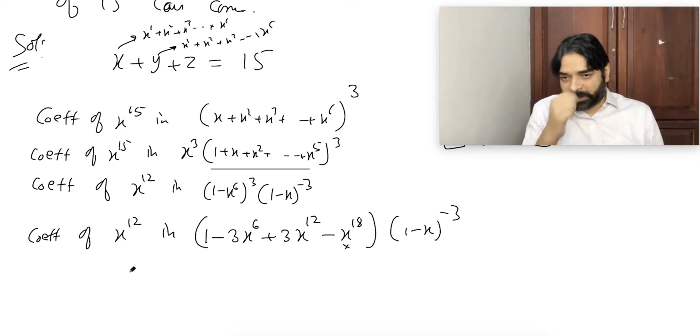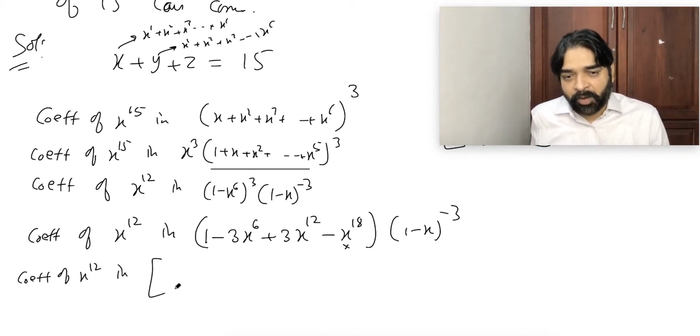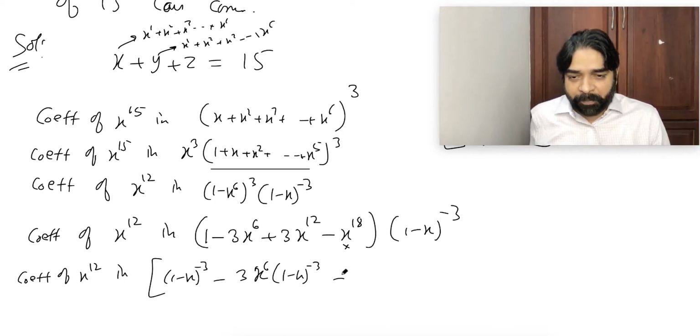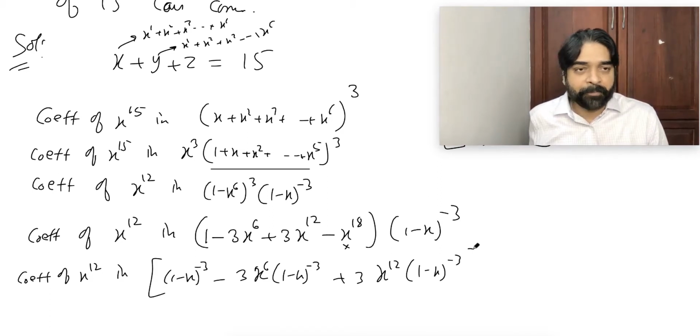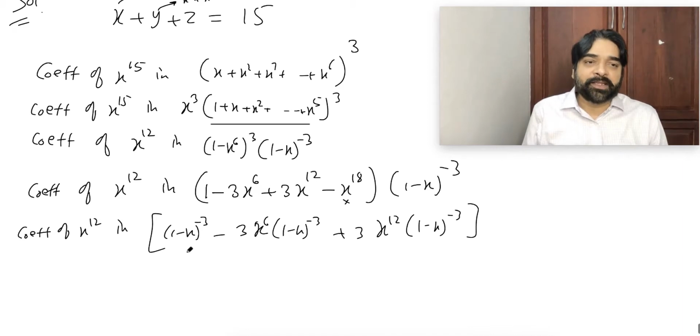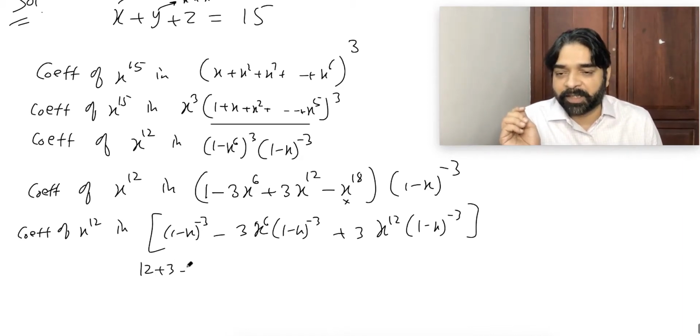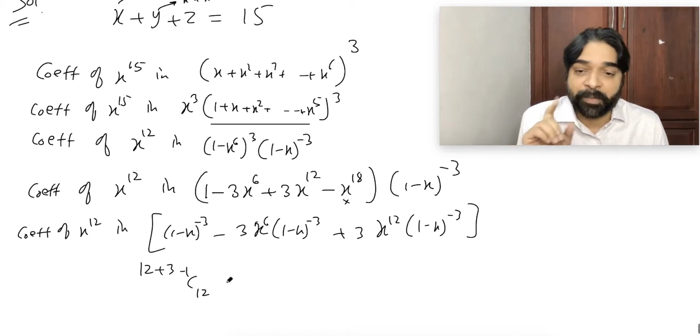So I'll say coefficient of x power 12 in, watch it, 1 minus x power minus 3, minus 3 into x power 6 into 1 minus x power minus 3, plus 3 into x power 12 into 1 minus x power minus 3. Now done. What is the coefficient of x power 12 in this? 12 plus 3 minus 1 C12. Formula you should remember.